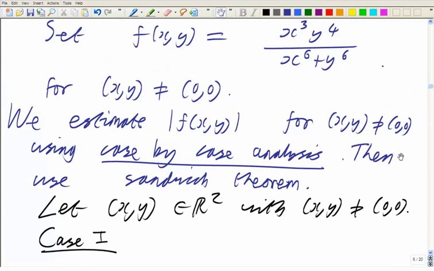Case 1 is going to be where mod x is less than or equal to mod y. In this case, since it's not at the origin, y can't be 0.